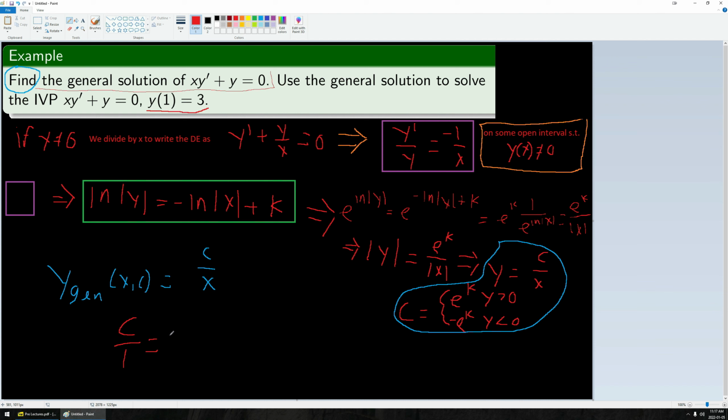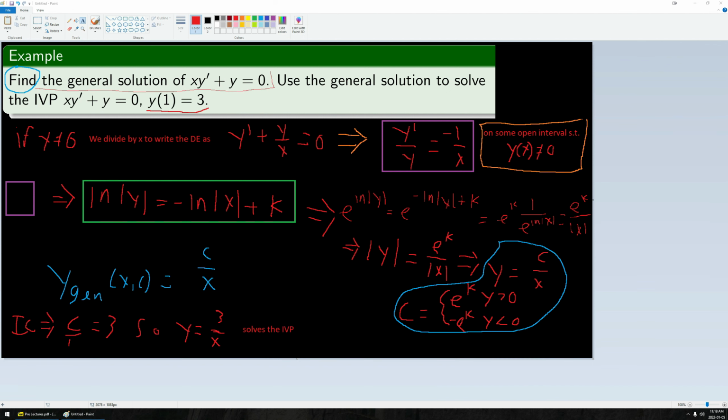That would need to be equal to 3, which implies that c is equal to 3. So the solution for the initial value problem, if I just called it y, would simply be y equals 3 over x. Okay, and here, just cleaning up a little bit.